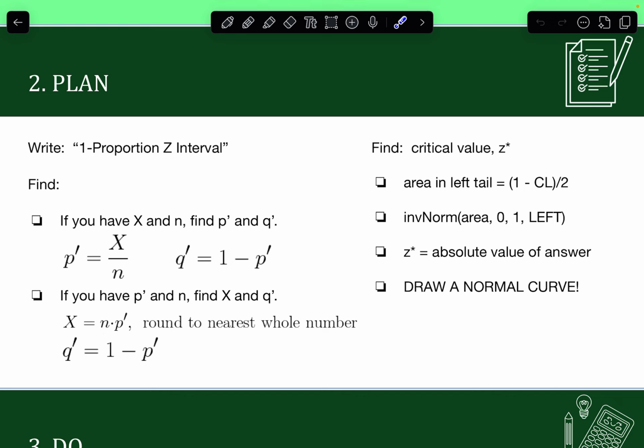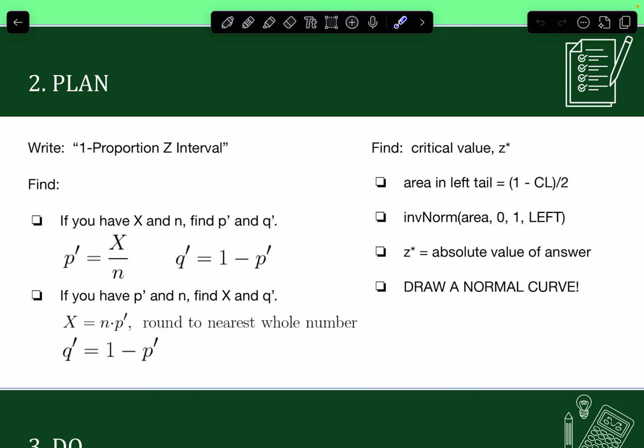We saw that during binomials. And you're going to round it to the nearest whole number. X cannot be a decimal, because x represents a number of people or a number of things. Those come in whole numbers. If you try and give a decimal for x in the calculator, it will throw a tantrum. So make sure you've rounded to the nearest whole number.